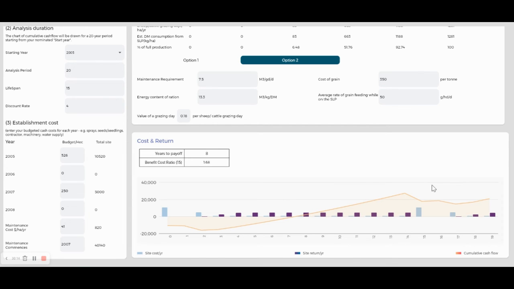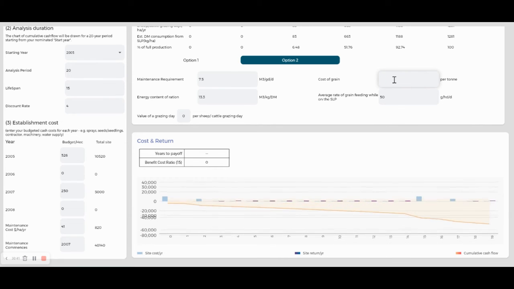Now that you've filled out all the cells, we can do some what-if analysis to say, well, what are the results sensitive to? One that is very important is the cost of the grain. If Saltland pasture is substituting for grain feeding, then the cost of that grain is quite important.